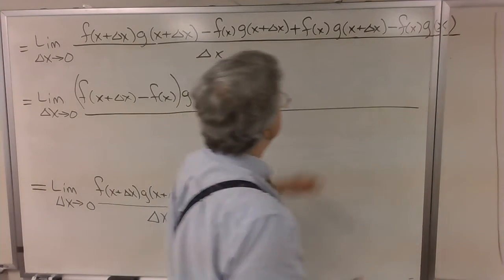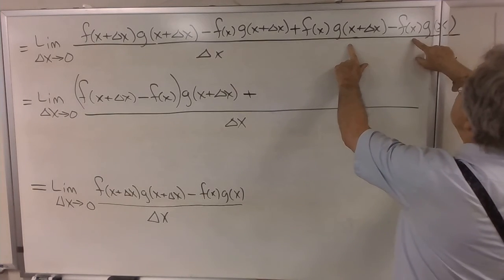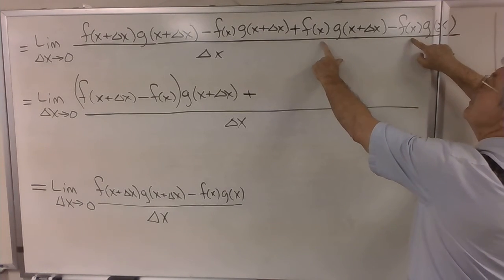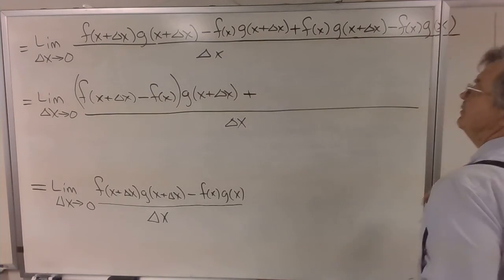Now I've got the last two terms, and the common factor here is f of x. I'm going to factor f of x out of these two terms.